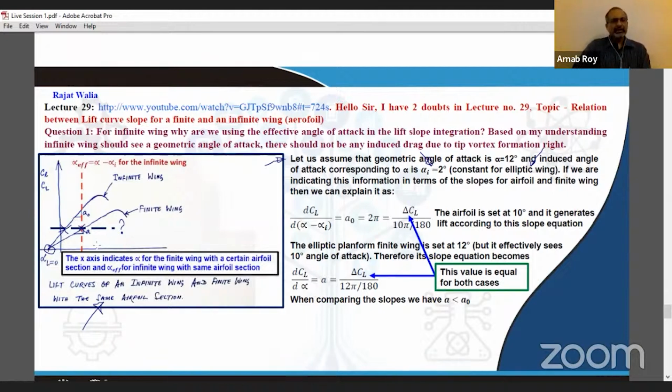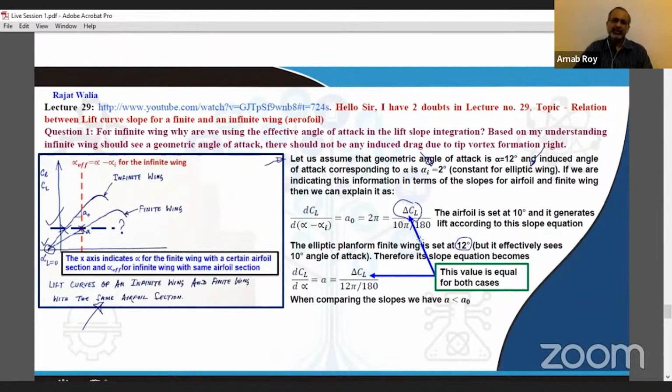You will find that in order to correlate that information with the slope, there is going to be a change in CL starting from 0 to where this dotted line is, and you can say that's delta CL. For achieving that, the infinite wing section would have to be pitched at 10 degrees angle of attack, while at the same time, the finite wing has been set at 12 degrees angle of attack.